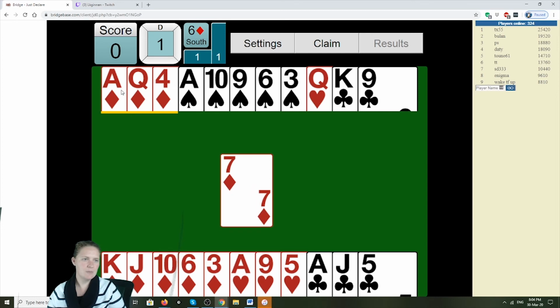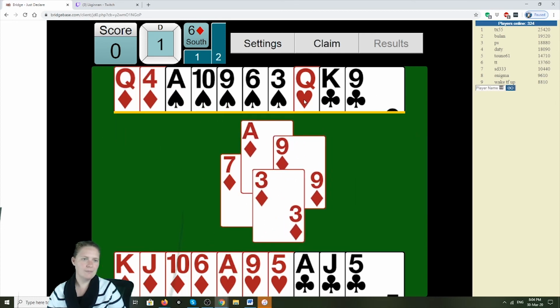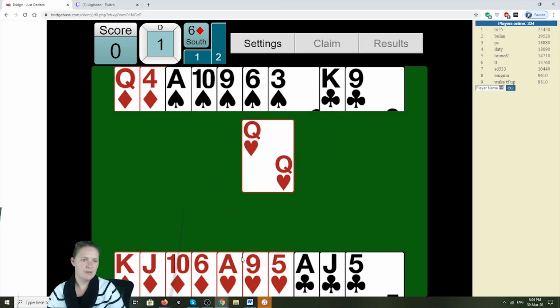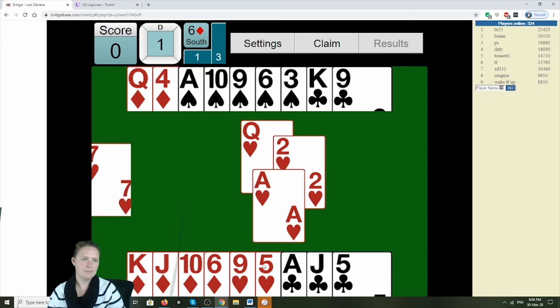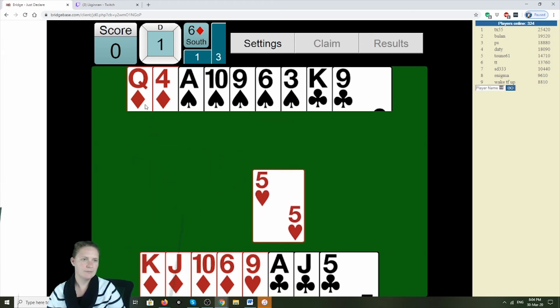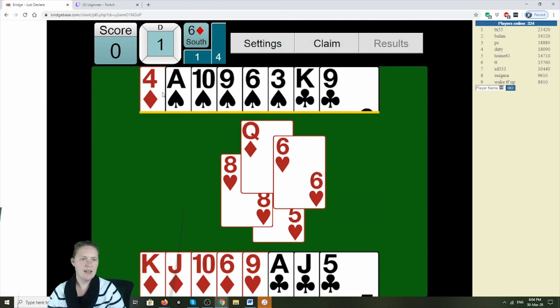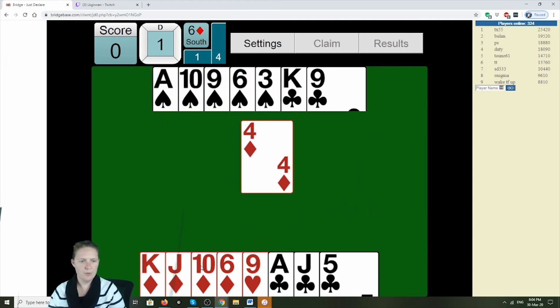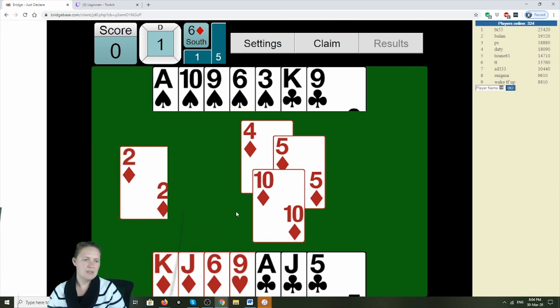Lost that one. That's a bit of a shame. Going to be a bit sneaky here. And yeah, you just keep playing the cards and clicking through them, and they do get contributed in the middle of the table.